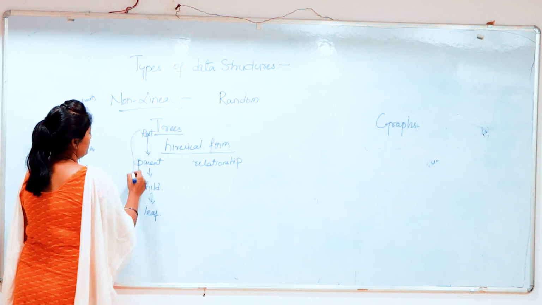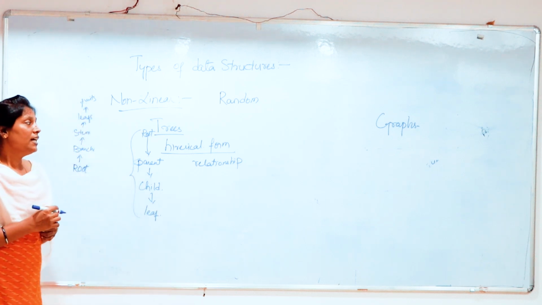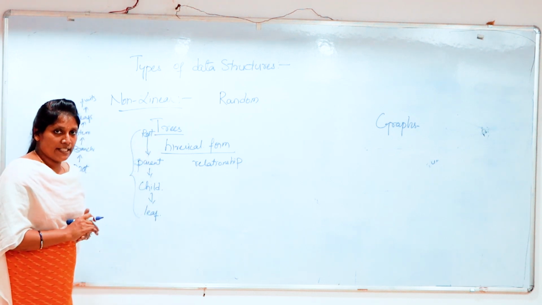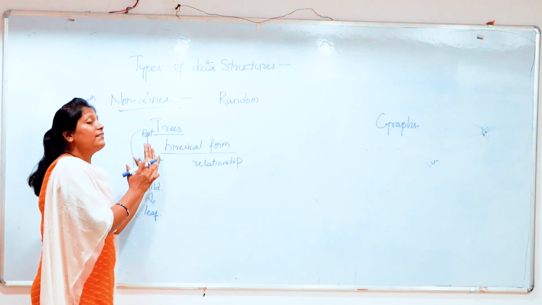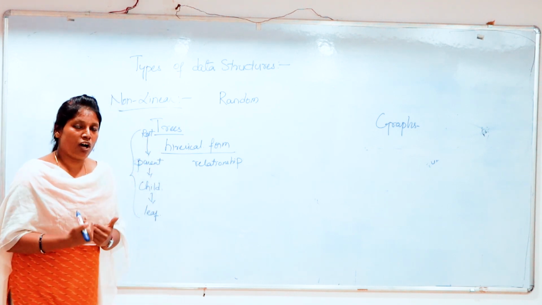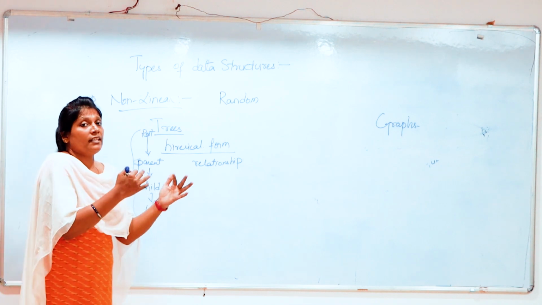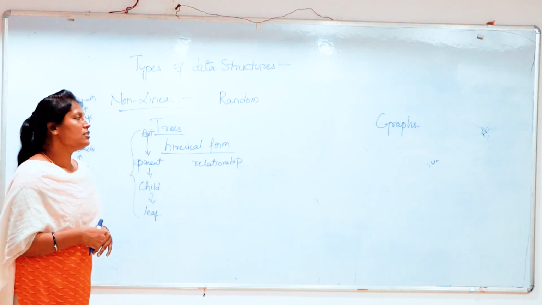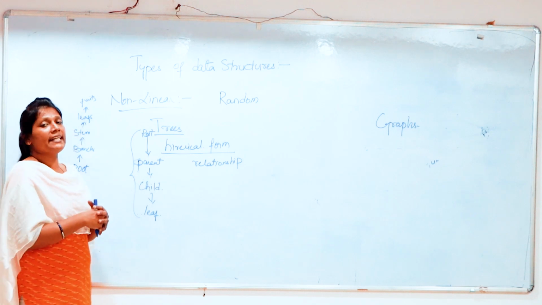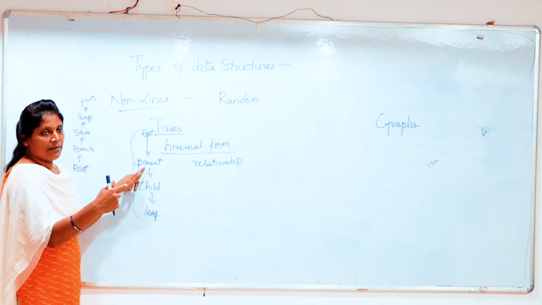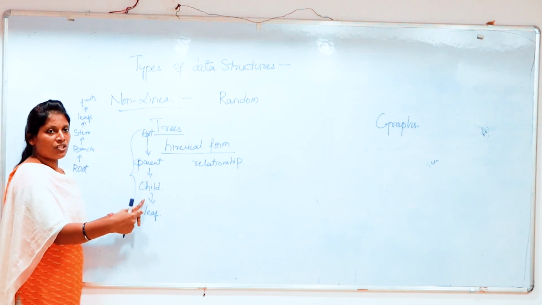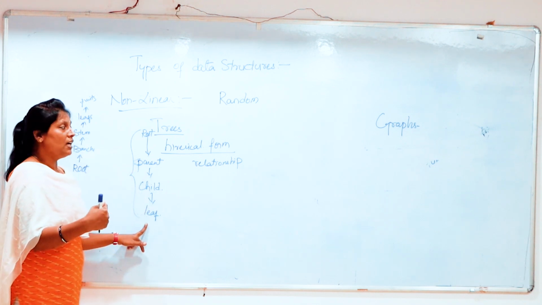Tree is a non-linear data structure where the data will be stored in a random format, in a hierarchical form, and there is a relationship between those nodes. First is the root node, then comes the parent node, then the child nodes, and the last one is the leaf node.